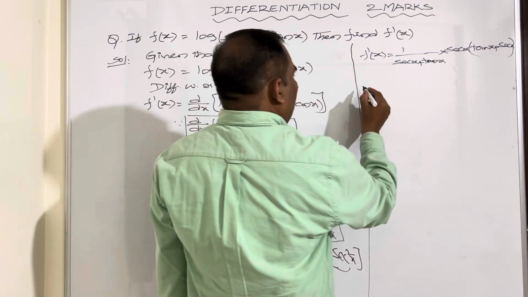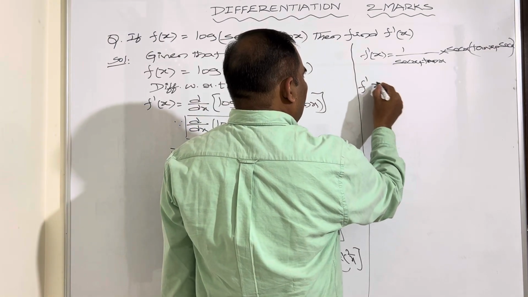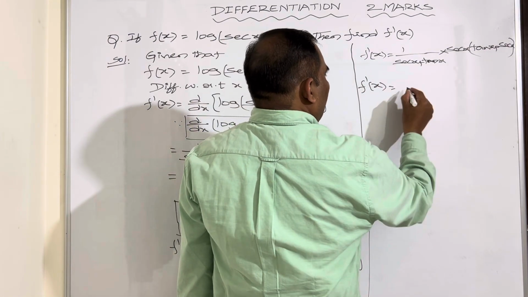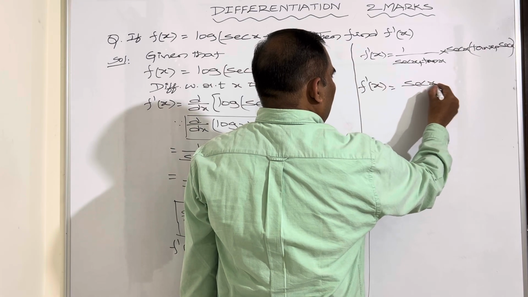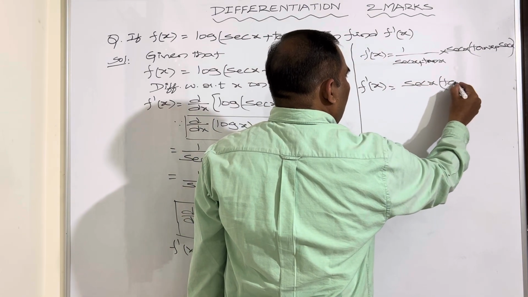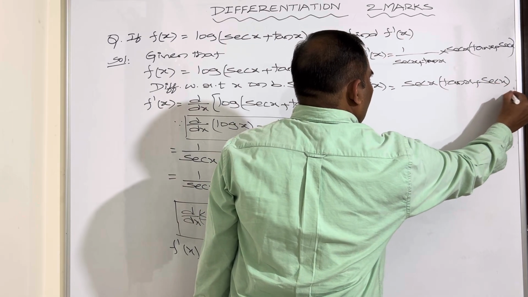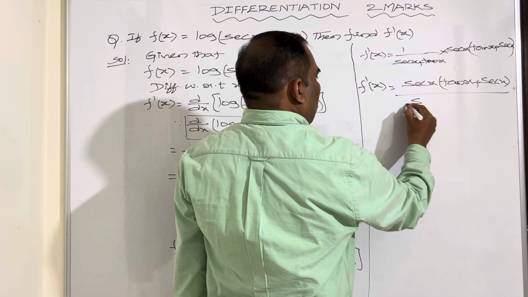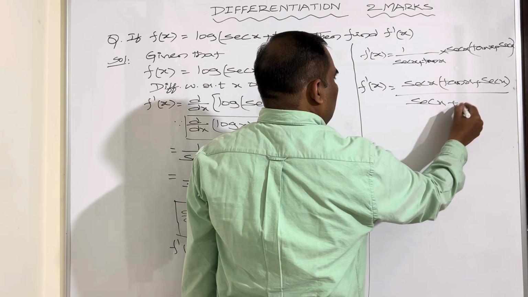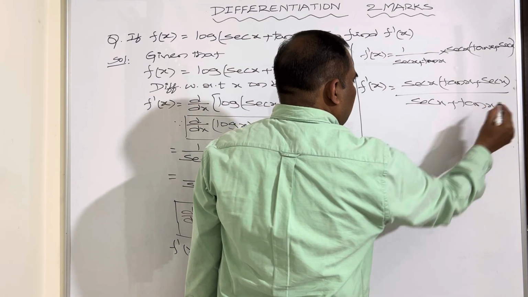So clearly we can write that f dash of x is equal to secant x into tan x plus secant x whole divided by secant x plus tan x.